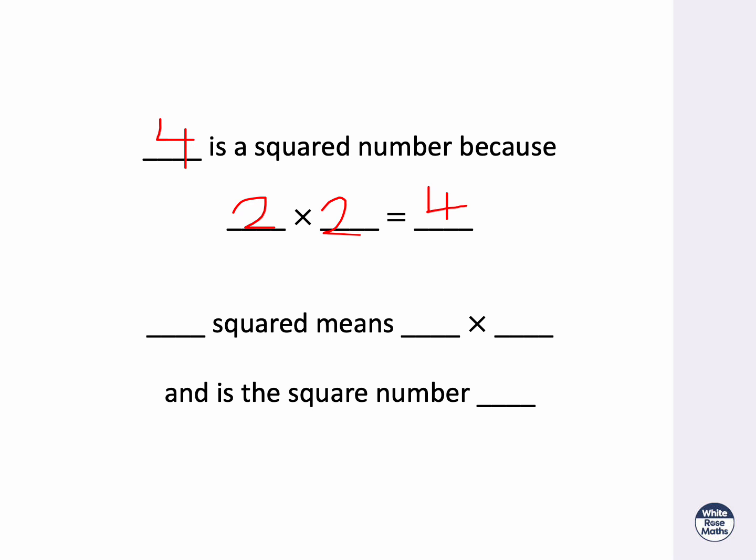This one, for example, 3 squared, I think it's meant to be square, guys. 3 squared means 3 times 3, and it is the square number of 3, so you're squaring the number 3, 3 to the power of 2. That's what that square means, you're raising it to the power of 2.